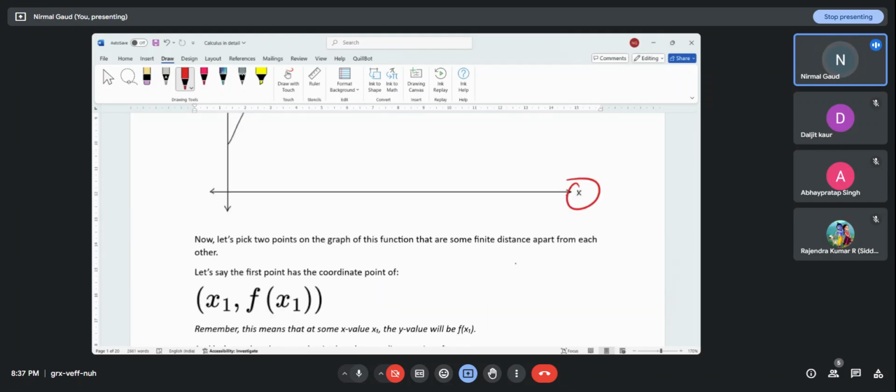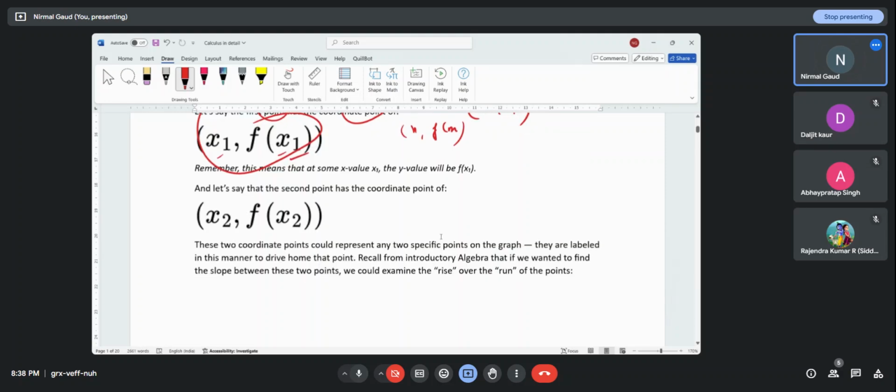So we can say x comma y, or I would say x comma f of x. And if we talk about a first point or a coordinate, I can say x1 comma f(x1). That is what we can write. Another point can be x2, f(x2). So I am having two coordinates, two points.